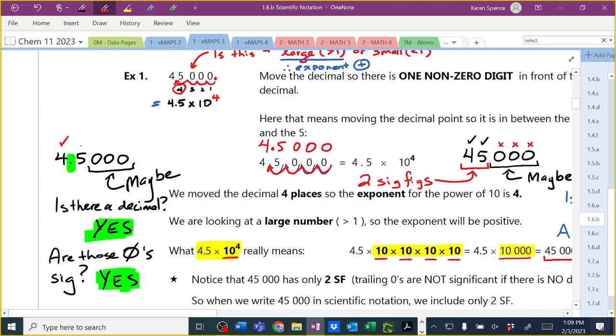Non-zero digits are always significant. And then these zeros, there is a decimal, so the zeros are significant. So that would be 1, 2, 3, 4, 5. This number here would have 5 sig figs.